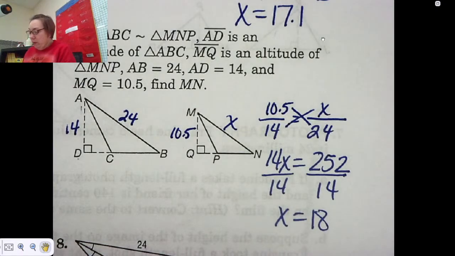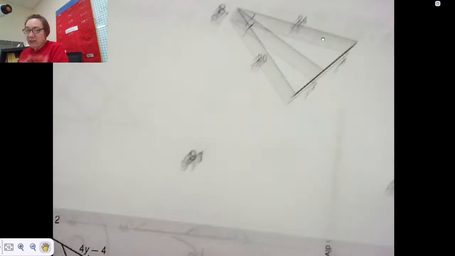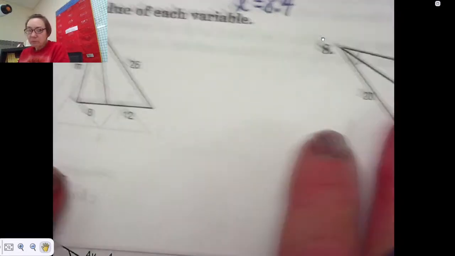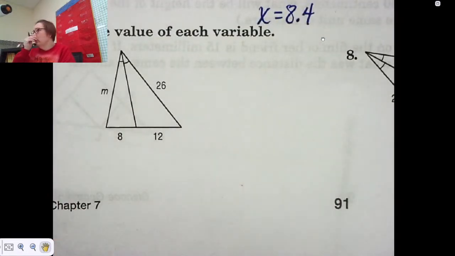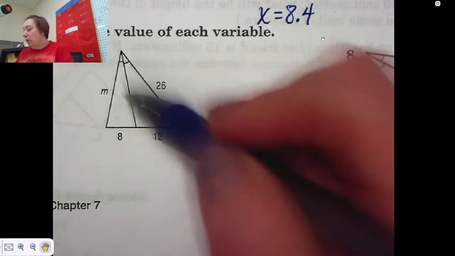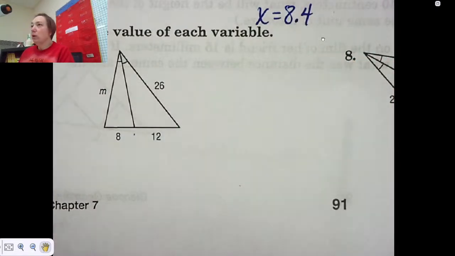Okay, now on this bottom part down here, these are angle bisectors. This is a little bit different because we don't have two triangles. We have one triangle that has an angle bisector. Now here's the cool thing about angle bisectors. Angle bisectors do not divide the opposite side into equal parts.